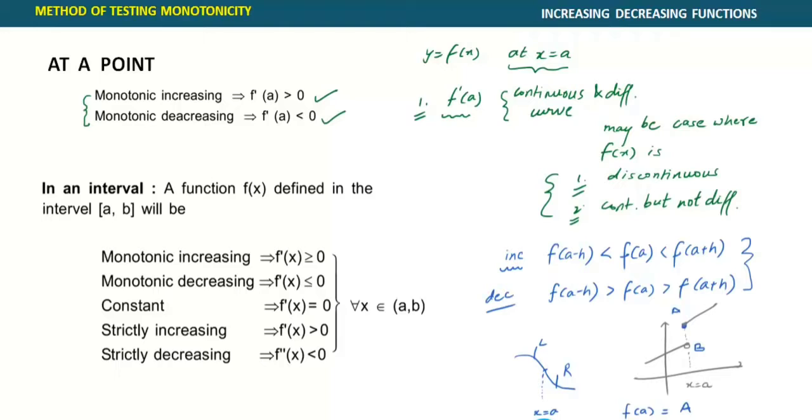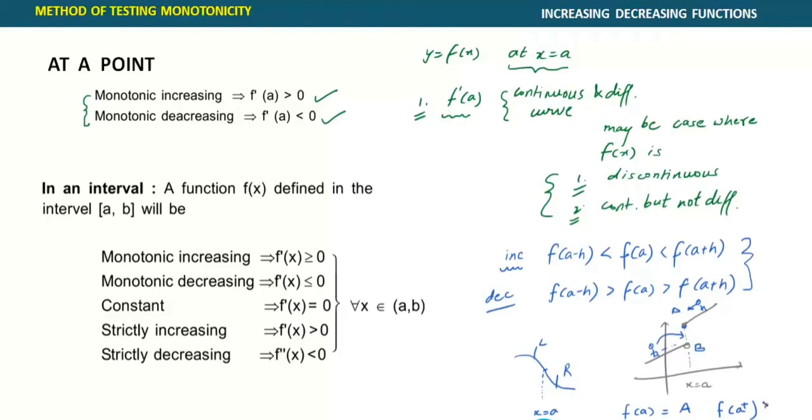So what will be f(a minus)? Somebody who is coming from a minus will report, let's say I am traveling from the left hand side, I am going, and if I ask what do you see at a, I will report, sir, I will see this particular value b. So he will report b. And what will be the value at a plus? That is someone who is coming from the right hand side.